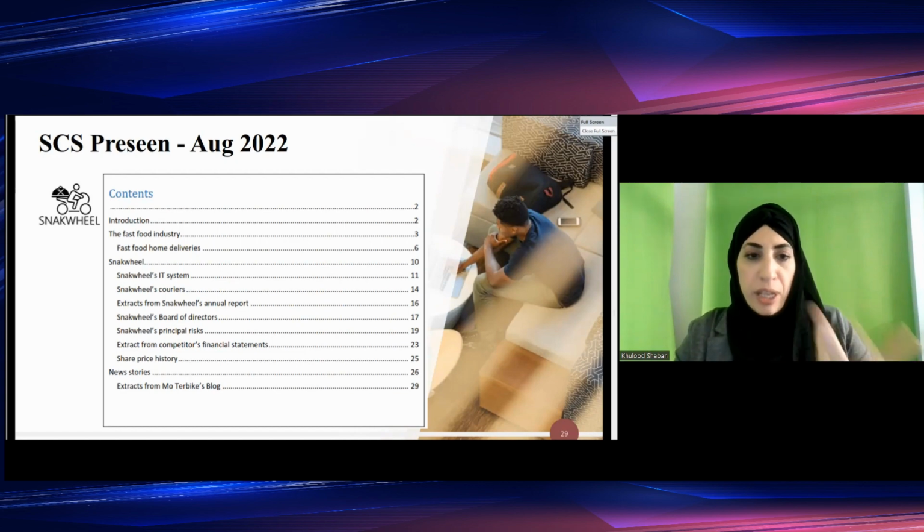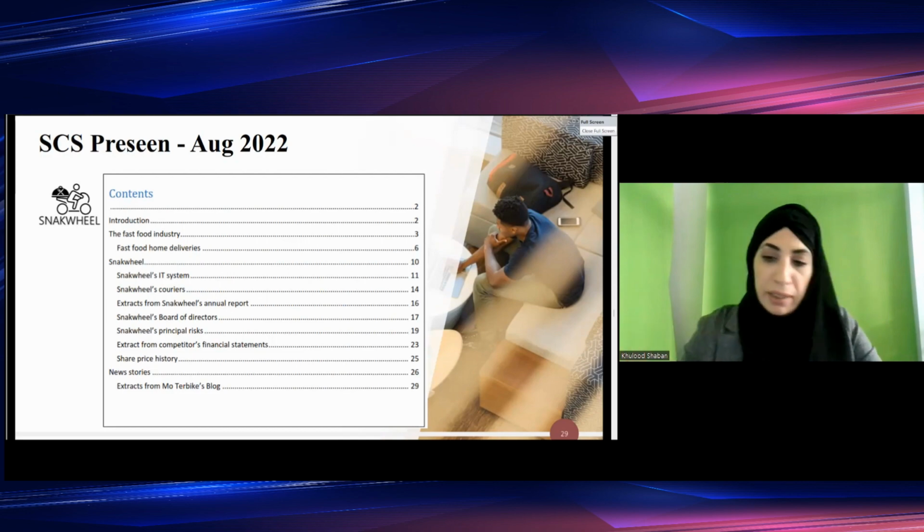It will give you the share price, and they always also put in a competitor in this pre-seen, to show you a comparison, plus there is material to help you understand more about what's going on in this industry.